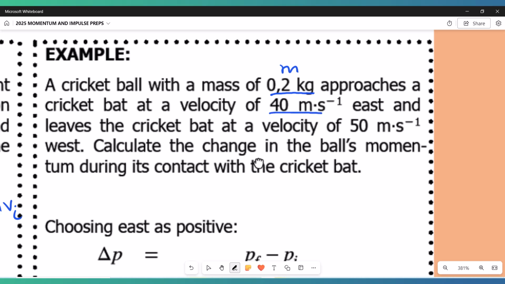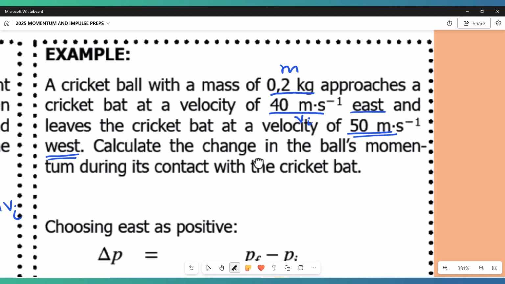So this is our V initial and is east. Are we together? And it leaves the cricket bat at a velocity of 50 meters per second. So now this is our V final, 50 meters per second west. The first one is going to east.